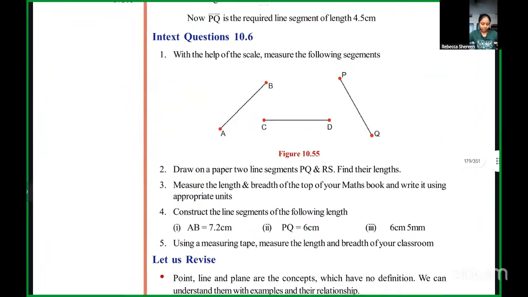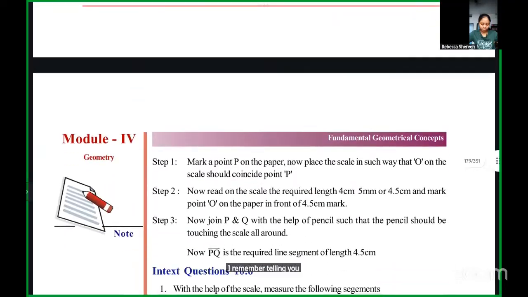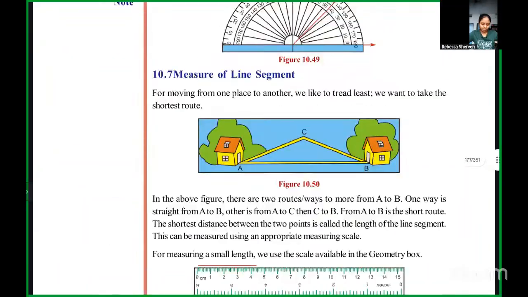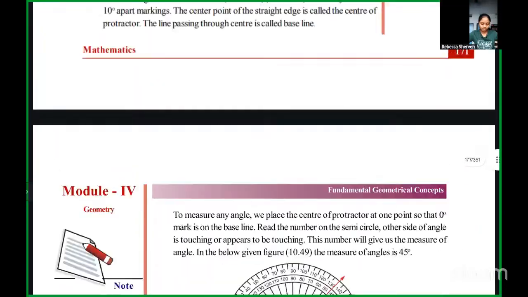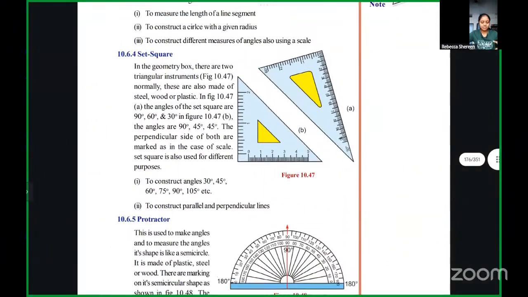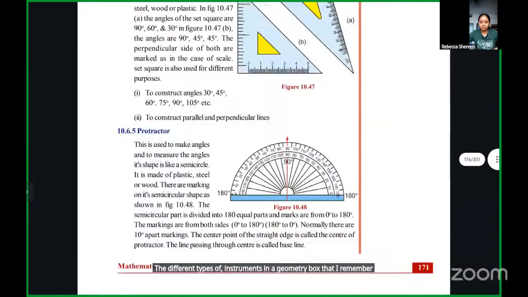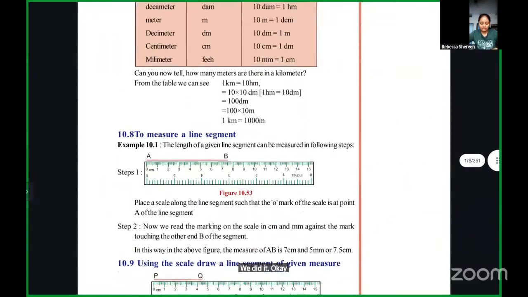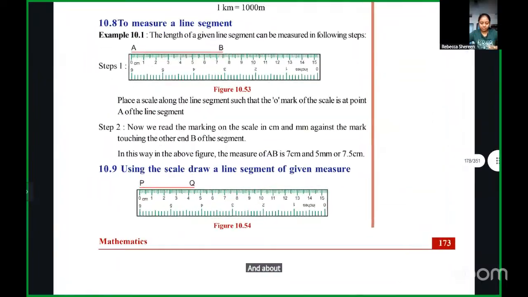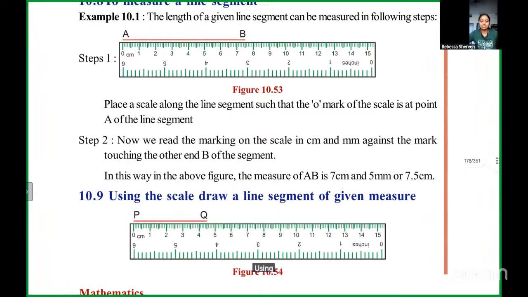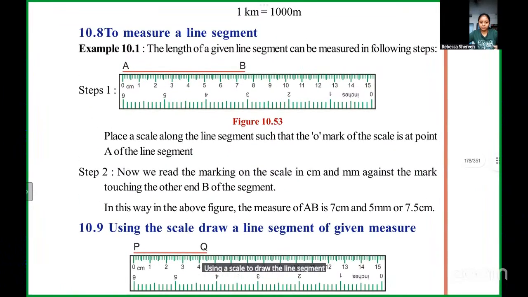I remember telling you about the different types of instruments in a geometry box. We did it. Okay. And about using a scale to draw the line segment. Do you all remember me teaching this to you?